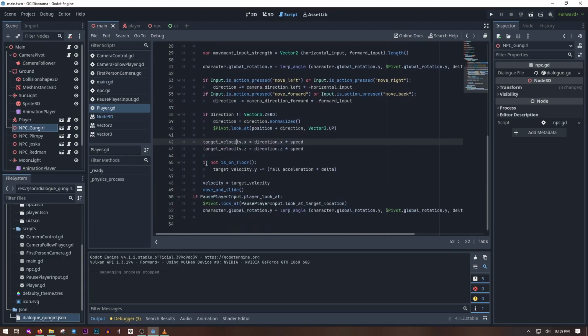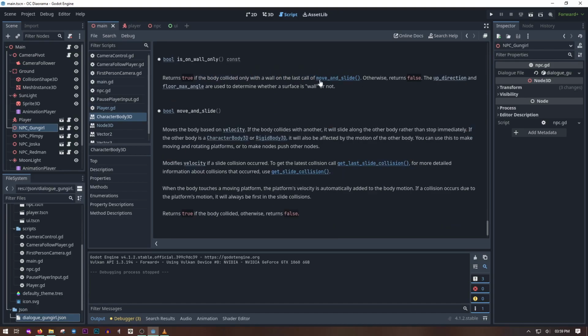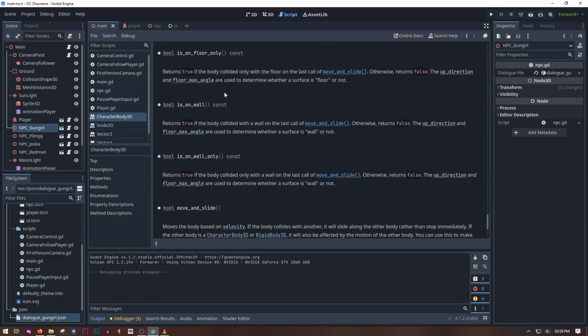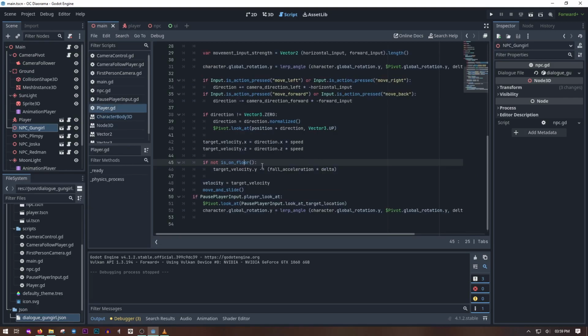If not is on floor, that returns true if the body collided with the floor on the last call of move and slide. Move and slide is also funny. So target velocity y is equal to target velocity y minus fall acceleration times delta.